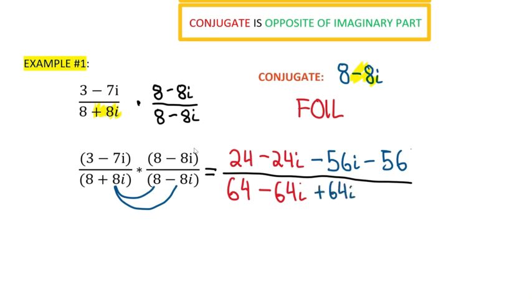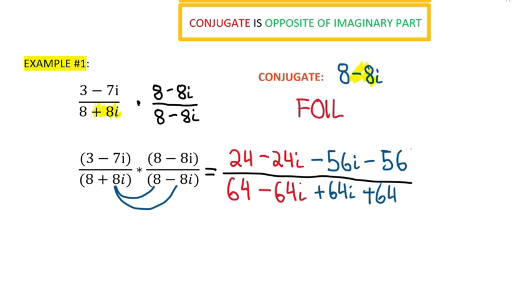Notice what we have. And 8 times negative 8 is negative 64, but we know that it has to be the opposite, because i times i equals negative 1. So we do the opposite, which is going to be positive 64 because of the i times i.